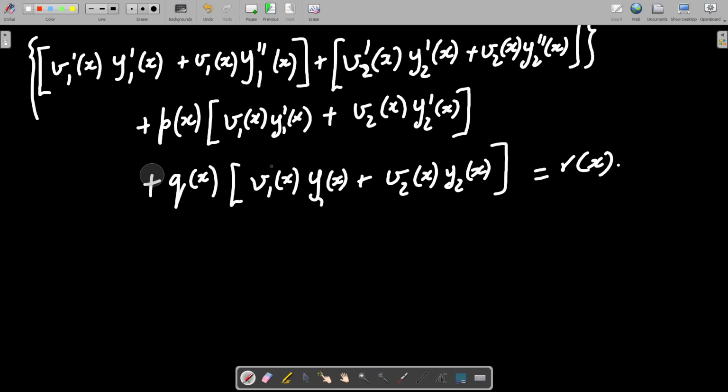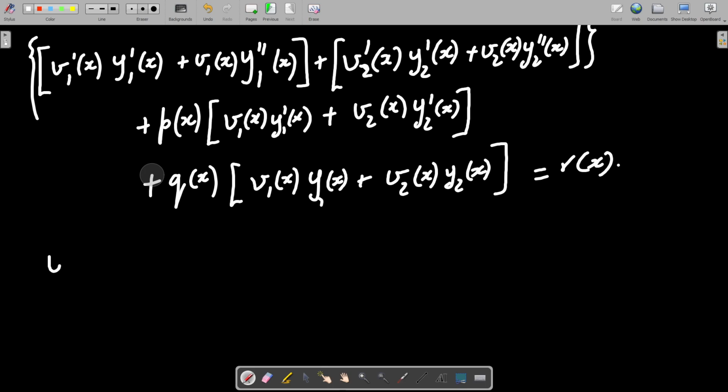So what we'll do now, we'll collect the terms in terms of v1 and v2. I said it wrong earlier. One more thing we'll do, we'll stop writing this x, we'll just write v1, v2, y1, y2 and p and q, just to make our notation short, otherwise it's going to become very lengthy.